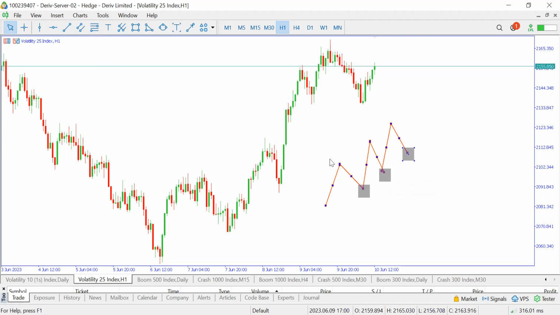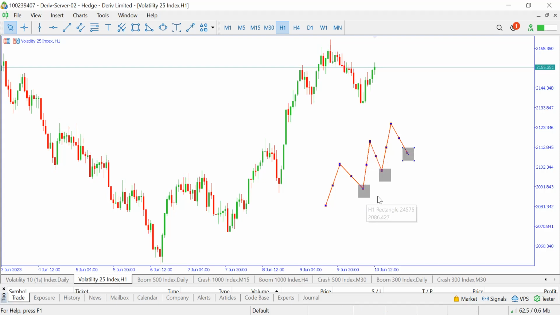Because if these lines simply represent price points on the chart, it means that each time the price comes down, then we have a low price in which we can possibly buy the market. And of course, we know that the law of supply and demand simply says that the higher the price, the lower would be the demand, and the lower the price, the higher would be the demand.